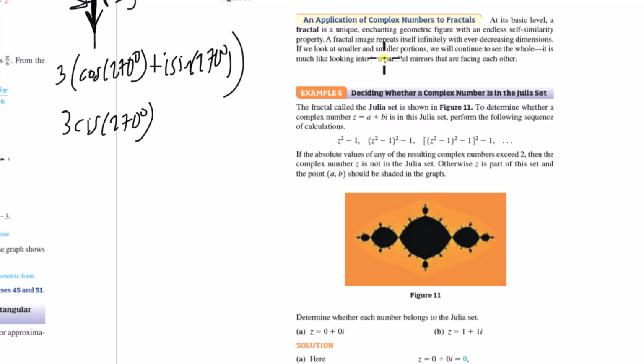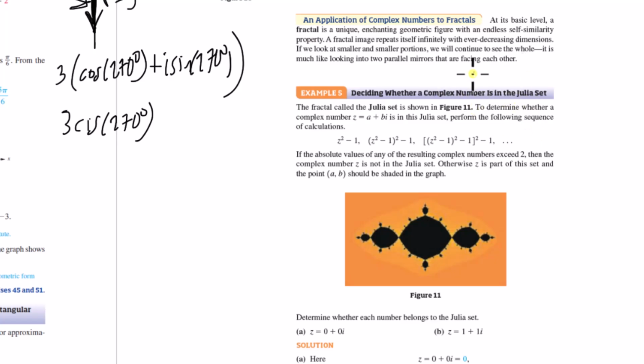If we look at smaller and smaller portions, we will continue to see the whole, much like looking into two parallel mirrors that are facing each other. It's like when you go to the carnival and the fun house, those mirrors where your image is infinitely repeating. It's kind of like what a fractal is. You can zoom in forever, it seems, and the pattern repeats.